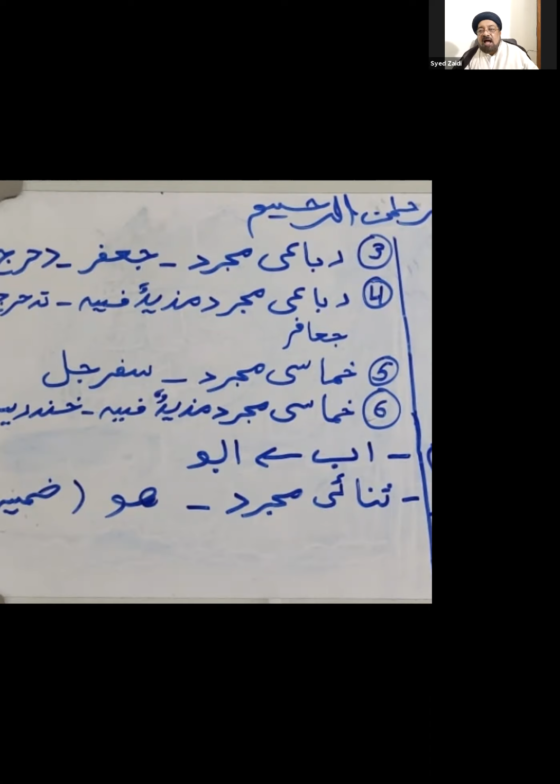Therefore, ab was originally thalathi mujarrad. The waw existed before, but it has been taken off and it has become a 2-letter word. But this 2-letter word is actually a 3-letter word. Therefore, this is a thalathi mujarrad.